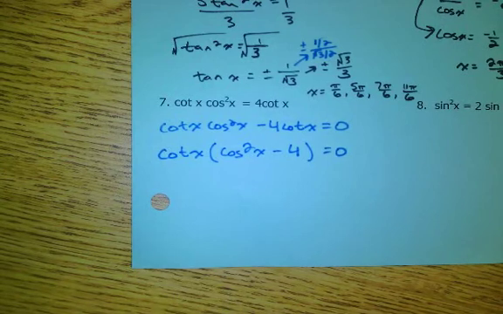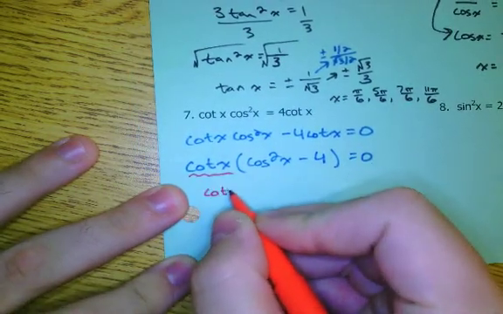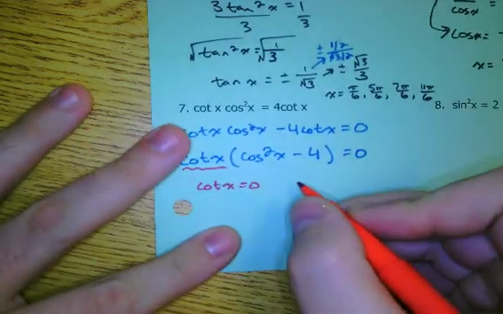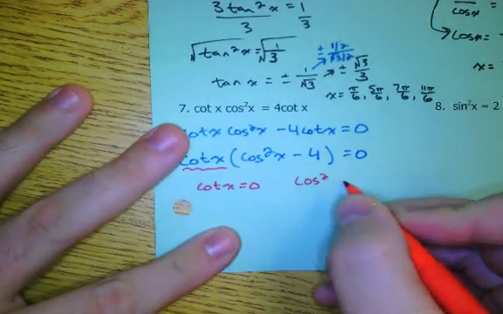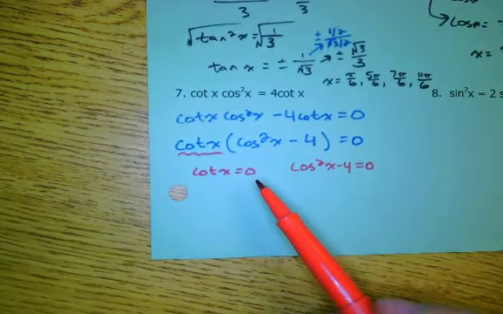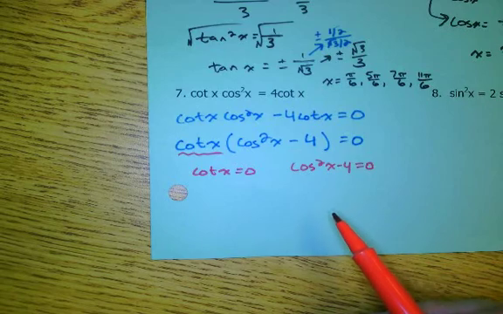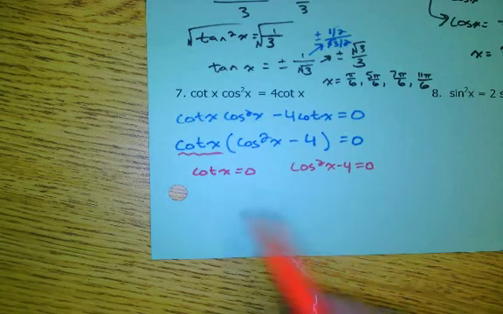Okay, so now I have 2 different problems. I have cotangent of x equals 0, and then I also have cosine squared x minus 4 equals 0. The cotangent x equals 0 one is much easier than the right-hand side, so let's do that one first. When does cotangent of x equal 0?